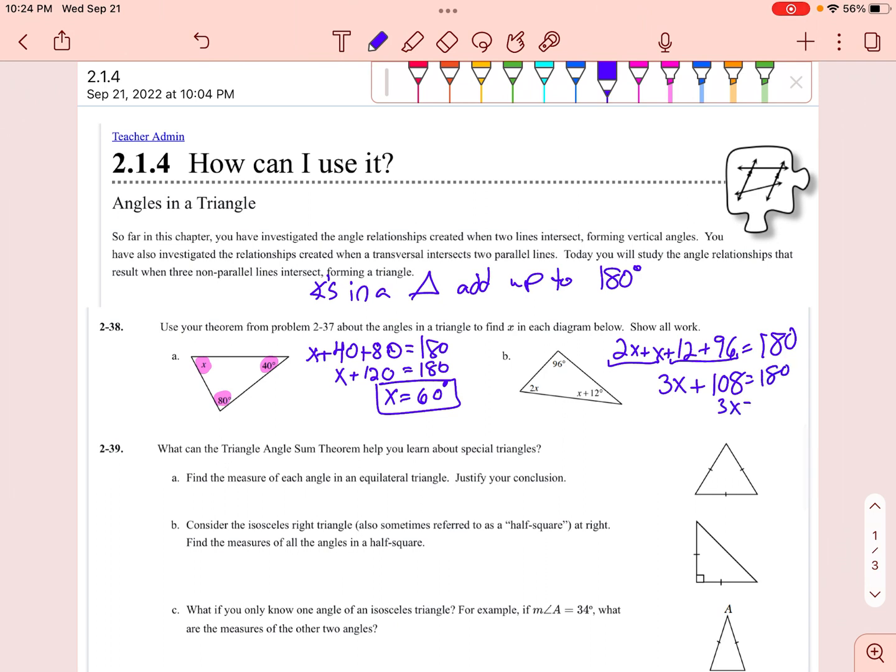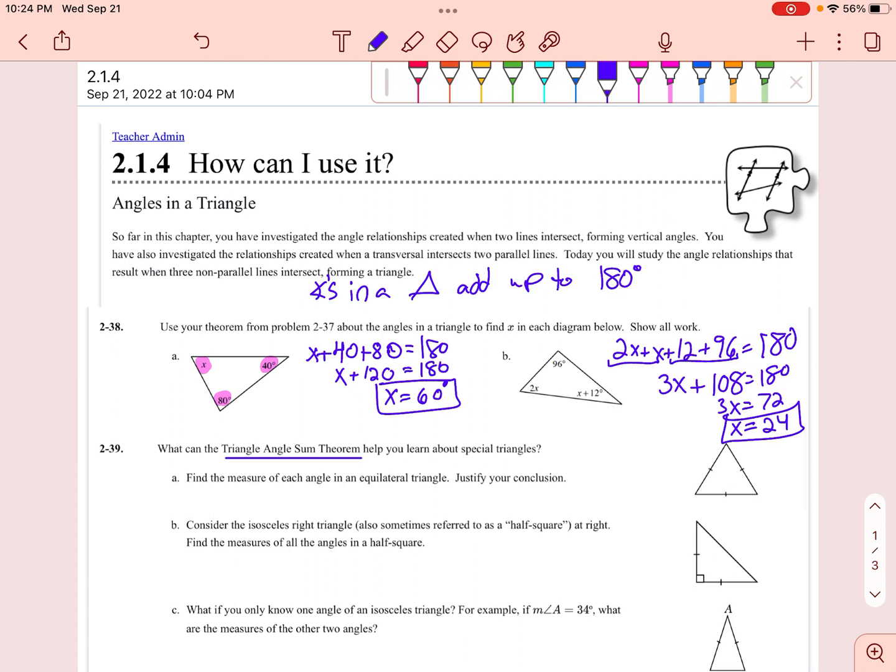Subtract 108 and divide by 3. Let's see, 24. So x is equal to 24. Okay. And then again, this is called the triangle angle sum theorem. I would write this in your notes. All the angles in a triangle add up to 180.